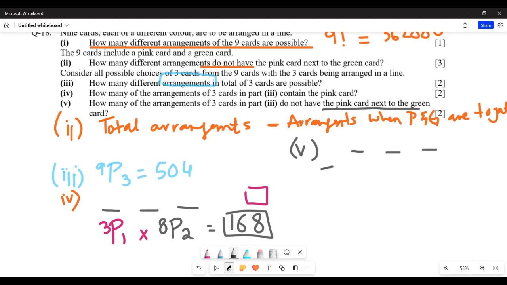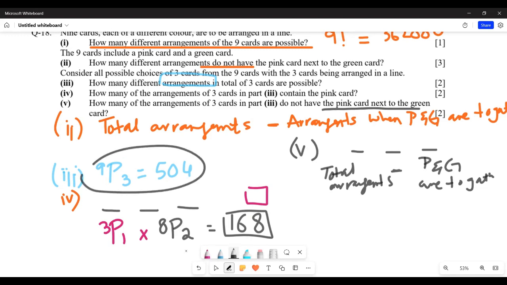So I'm going to do total arrangements minus when pink and green are together. So total was this 9P3 or 504.